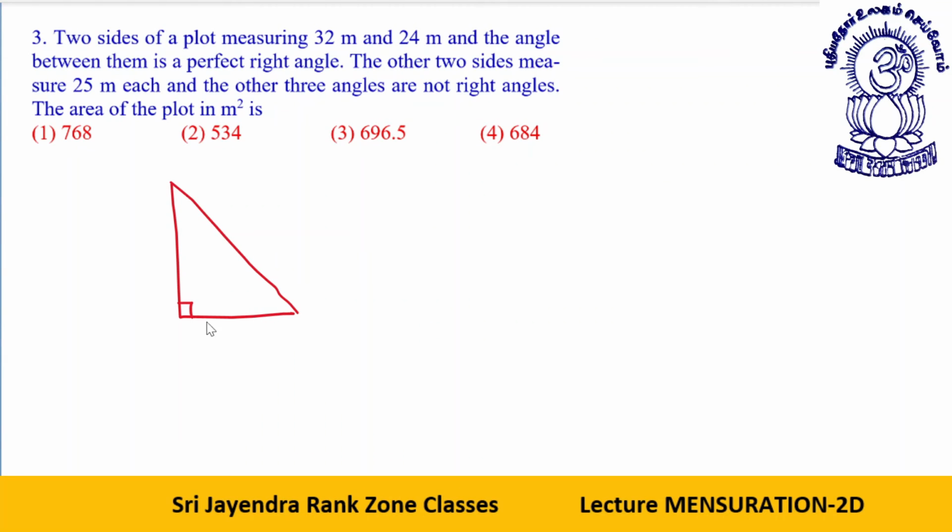The other two sides measure 25 meter each, and the other three angles are not right angles. So these are like 25 and 25, like this. The area of the plot in meter squares. Now we have a very good thing.